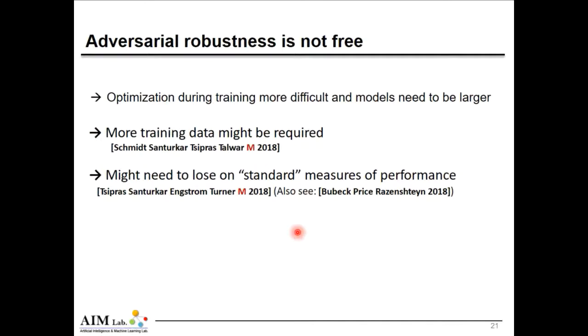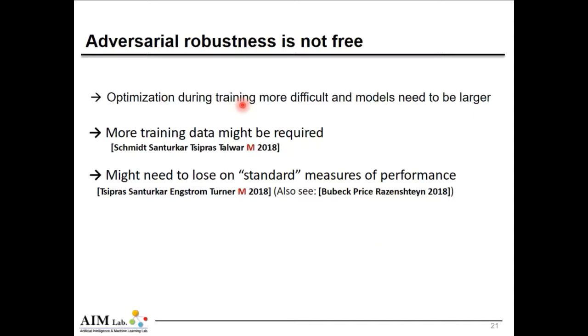So we summarize where we are. We think about differences between standard machine learning and robust machine learning. There actually exists a price to be robust.